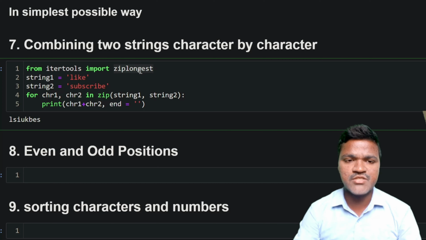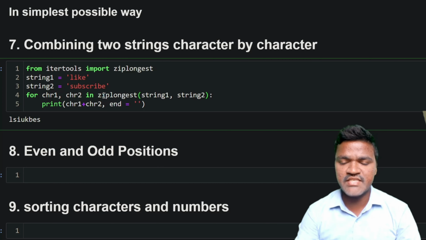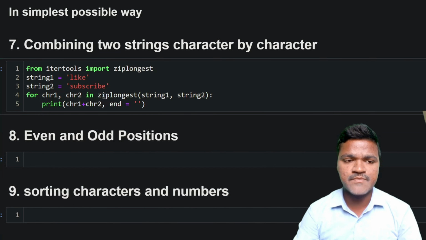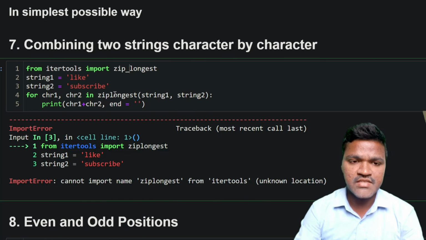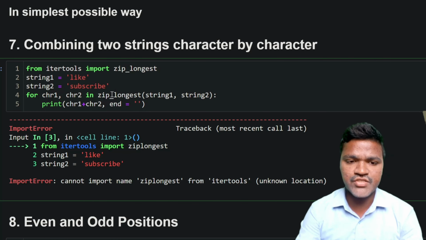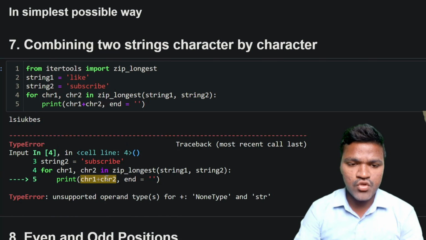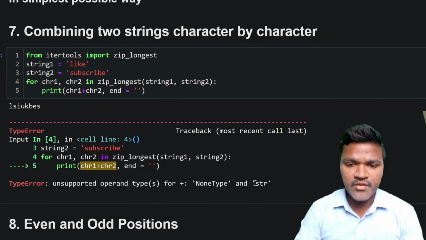We will be using zip_longest and pasting it here. If I execute this, it says unsupported operand between NoneType and str type.